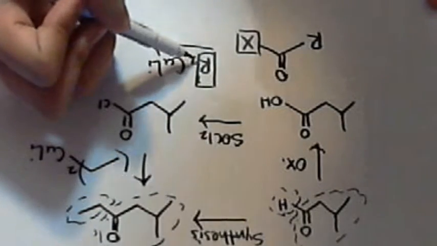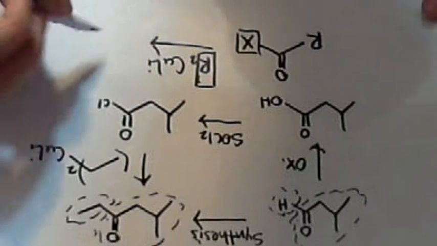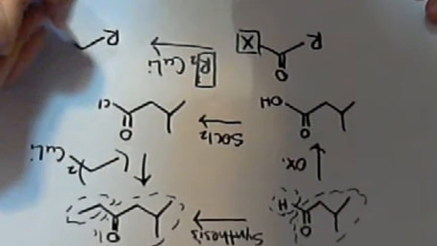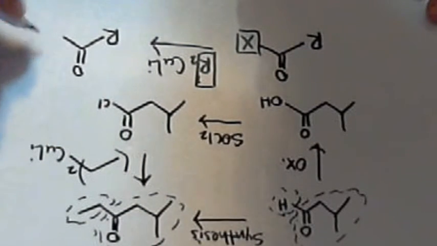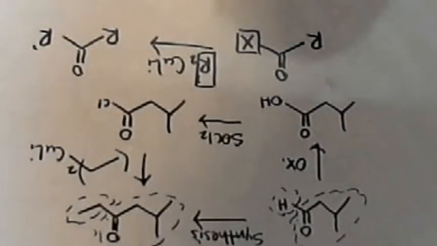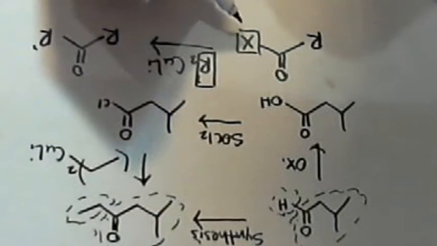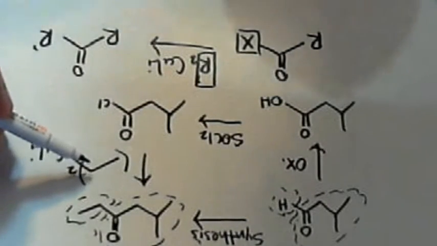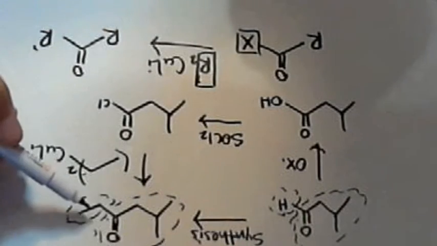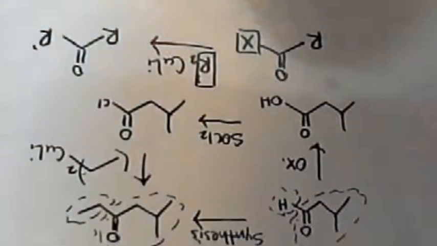So only one of these R primes comes off the copper lithium. And what we get is that. So as you can see here, we're going from a chloride, which is the X, and we're replacing it with that R prime, which is what our intended product was, right?